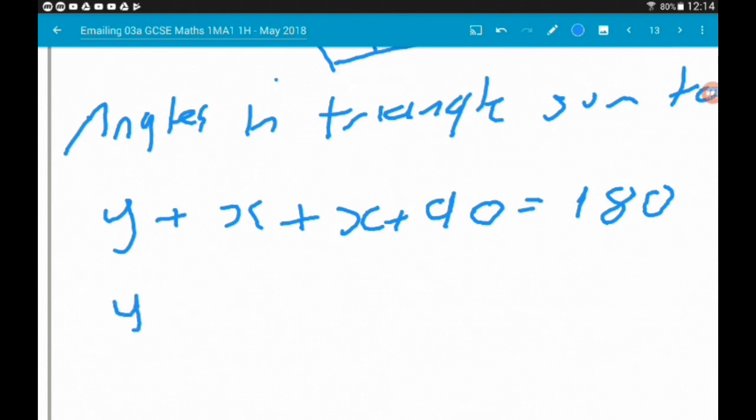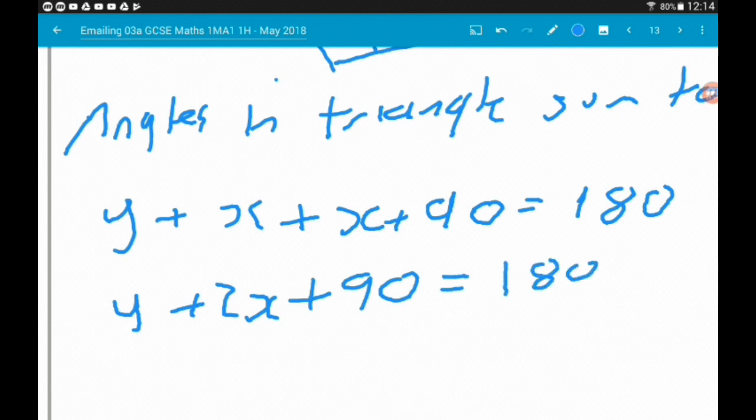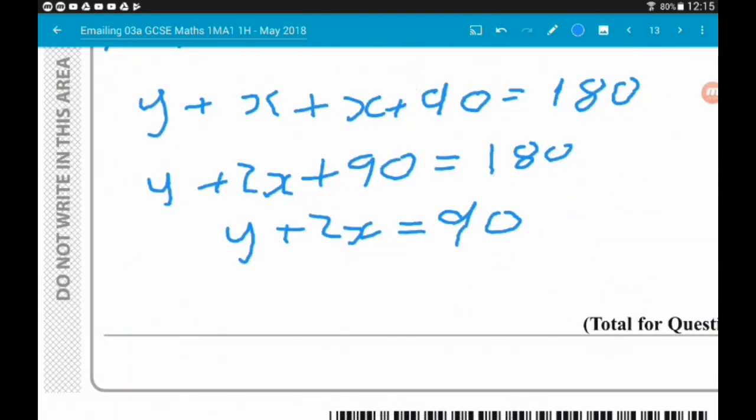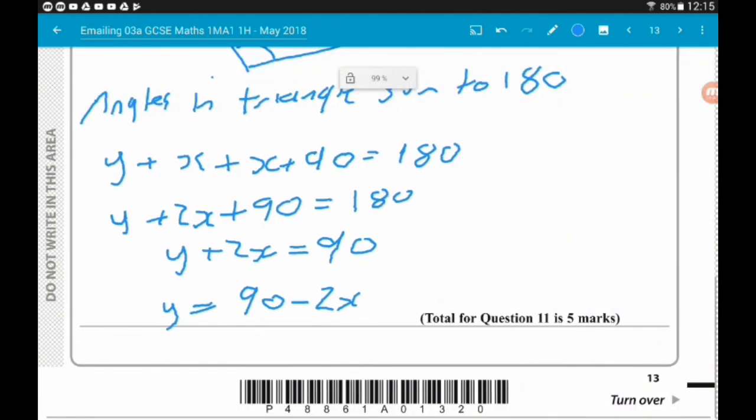So we got y plus 2x plus 90 is 180. If we take away the 90, we get y plus 2x is equal to 90. And then finally, minus the 2x, y, the angle that we want, is 90 minus 2x. So that is our answer, 90 minus 2x.